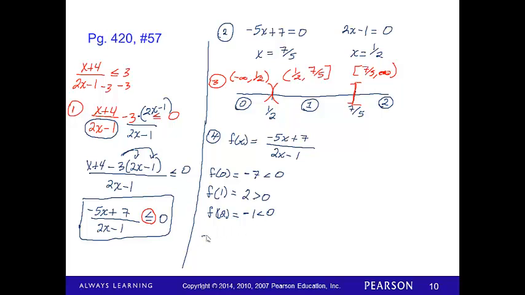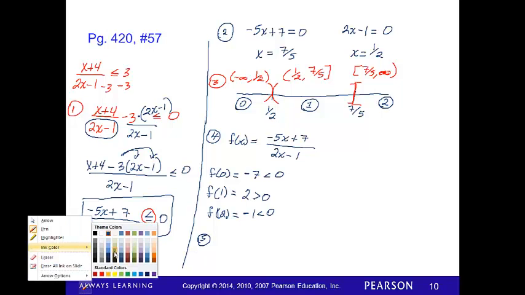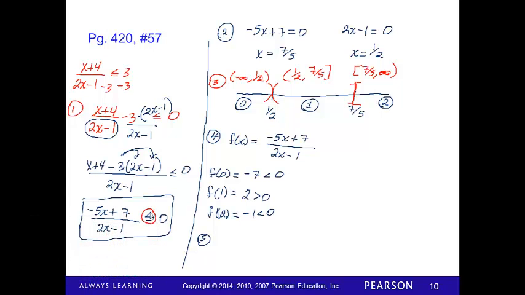And then the last step, step 5, is writing out our answer, right? So let us go back to our inequality. It said less than or equal to 0. So you want all intervals that gave you a negative when you plugged in the test values. This one gave us a negative, and this one. So where did 0 come from? It came from this interval.